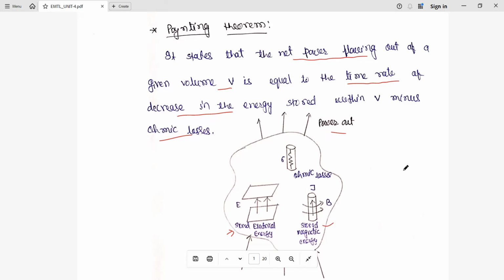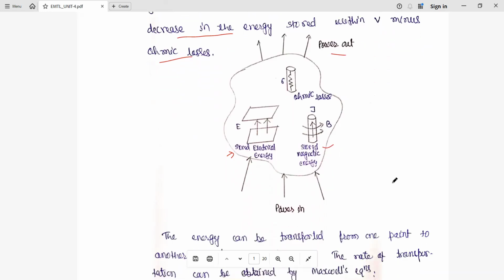So here if you see in this diagram, this is the power coming out from that volume, and this is the energy stored, that is electrical energy, and here we have magnetic energy that is also stored. So this is decrease in these two energies minus ohmic loss, that is equal to the power coming out from the surface.